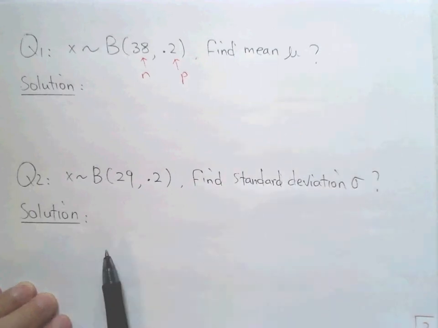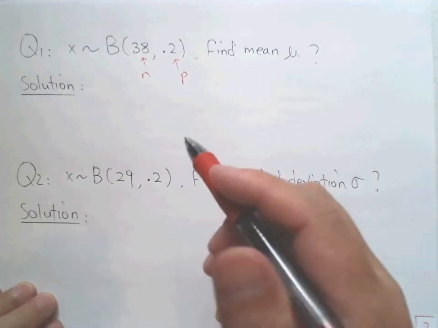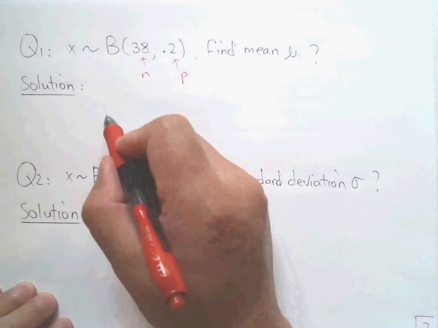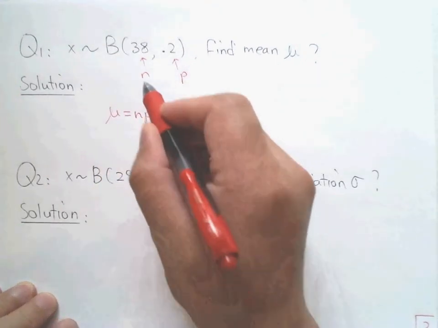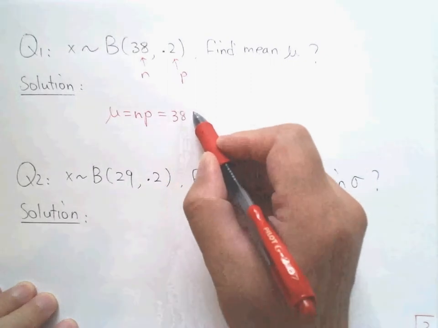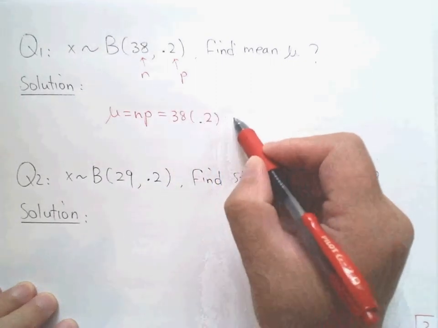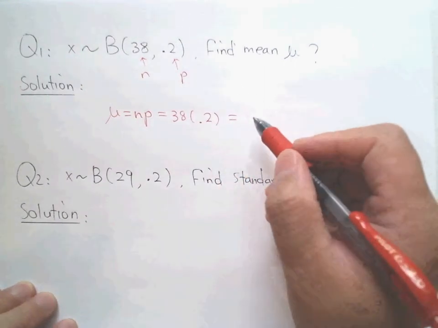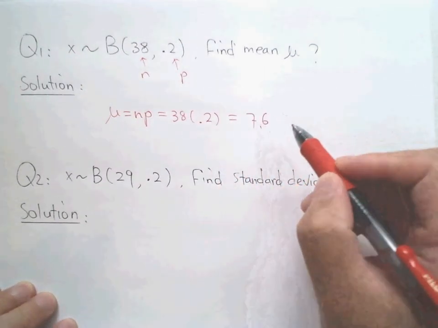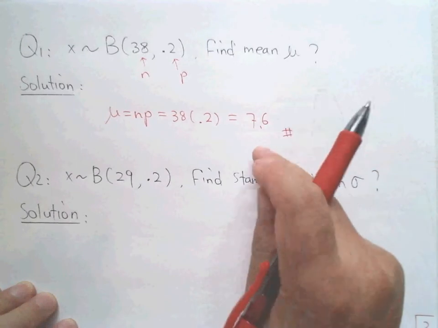Then we directly follow the formula: mu equals n times p. So n equals 38 and p equals 0.2. The calculation gives 7.6. This is the mean, the average.